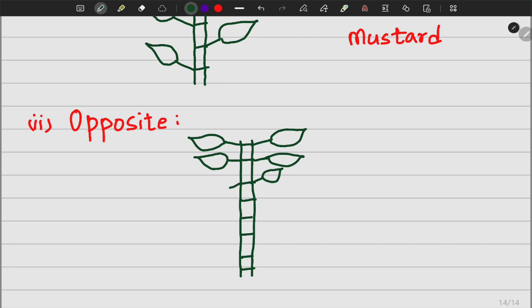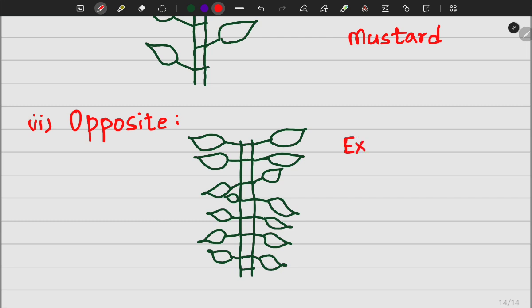A pair of leaves will arise opposite to each other. I hope you understand with the help of the diagram. So a pair of leaves arises at each node and they are opposite to each other. That's why it is called opposite type of phyllotaxy.